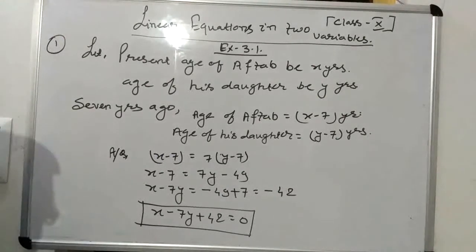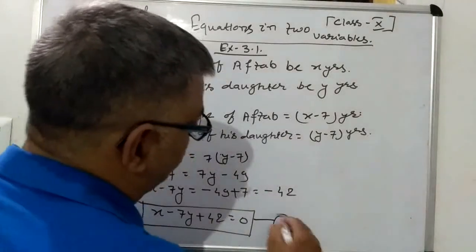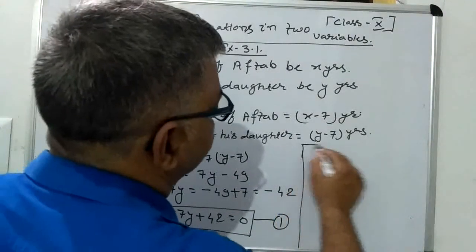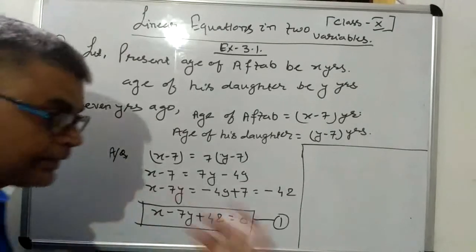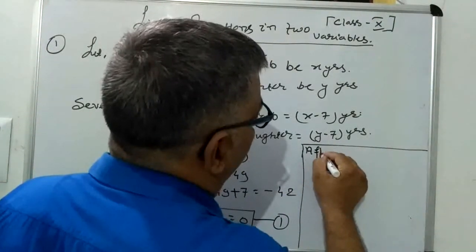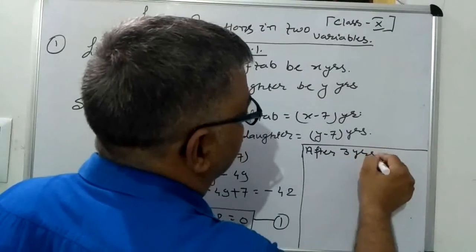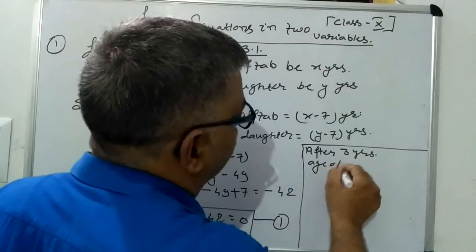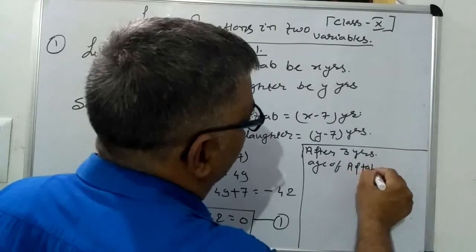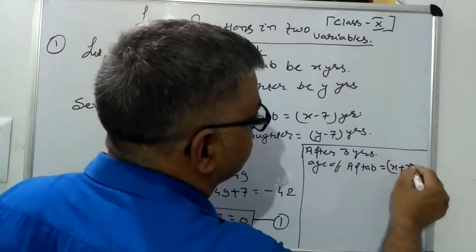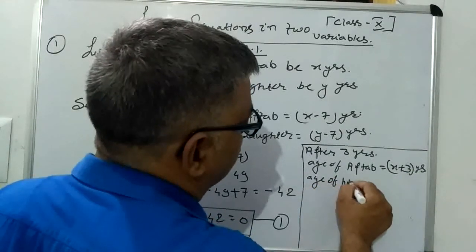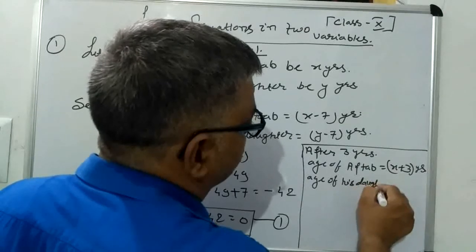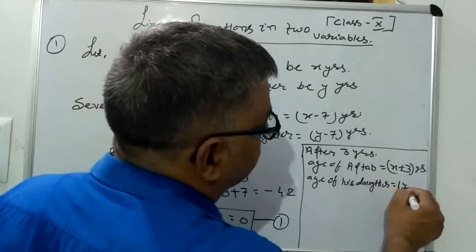This is our equation 1, and again there is a condition. The condition number 2 is: also 3 years from now. It means after 3 years, the age of Aftab will be x plus 3 years, and the age of his daughter y plus 3 years.